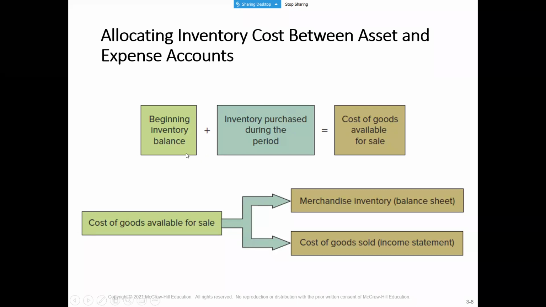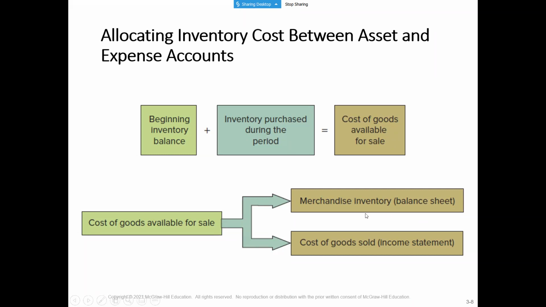So beginning inventory plus inventory purchased during the period gives us a figure called cost of goods available for sale. During the period, the cost of goods available for sale has either been sold or is still in inventory. The cost of those goods that are still in inventory will remain in the inventory account as an asset.